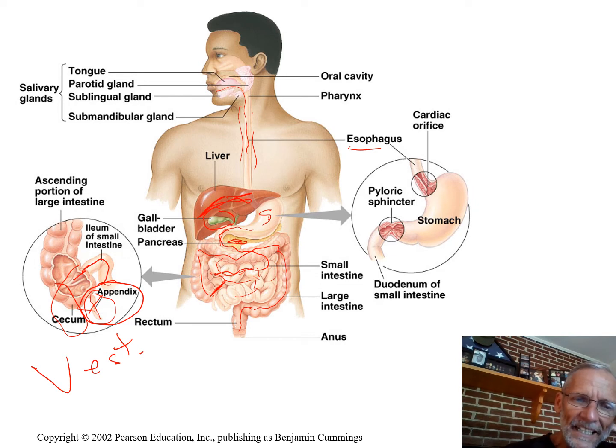But its existence is evidence of an evolutionary process suggesting you came from ancestors that had this little part here that actually had a function. Some of that function is in digestion, as you would guess. Some of that function is also in immune system stuff. Okay.